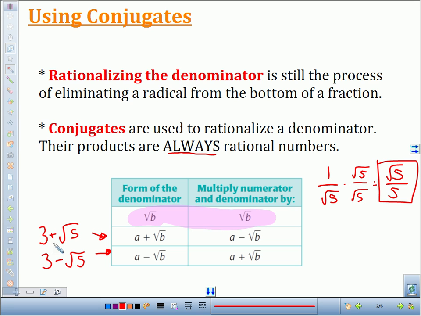But in order to do that, we have to multiply it by its conjugate. And the conjugate is basically the same numbers, but the operation has switched. So if I'm adding, a plus the square root of b, the conjugate is a minus the square root of b. And if I have a minus the square root of b, the conjugate would be a plus the square root of b.